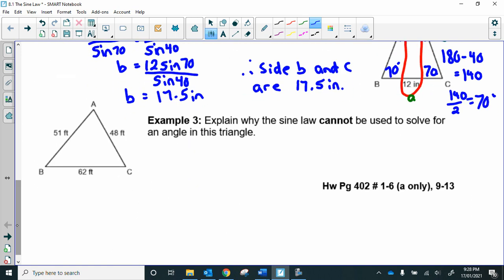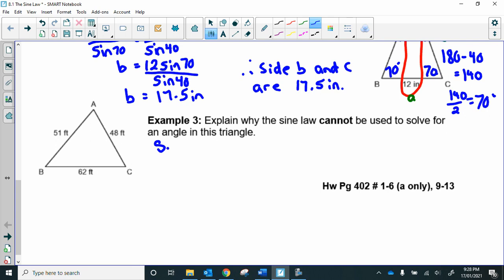And the third question, example 3: explain why the sine law cannot be used to solve for an angle in this triangle. So don't forget, when we use sine law, we need that side angle pair or an opposite pair. And in this case, we do not have an opposite pair because we don't have any of the angles.